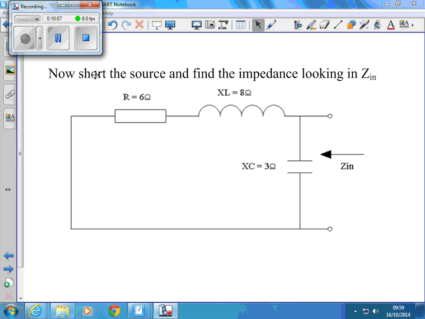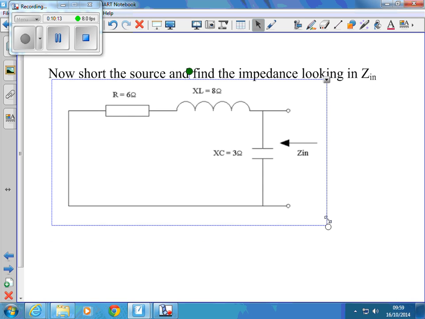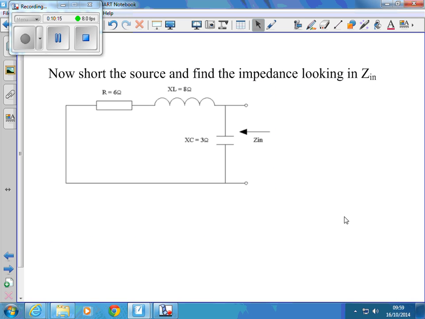So the next step in the Thevenin's process is to calculate the impedance looking in, and that impedance then is the Thevenin's impedance that we need for the circuit. So what have we got there?